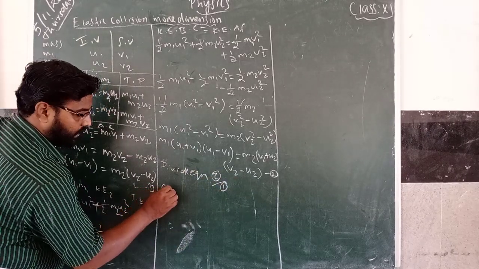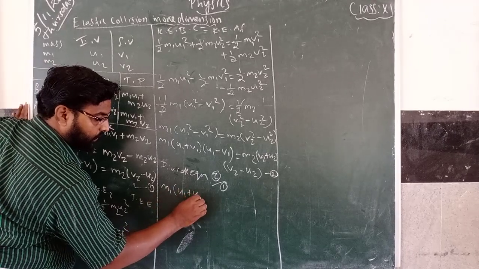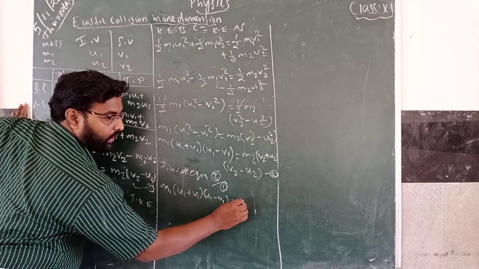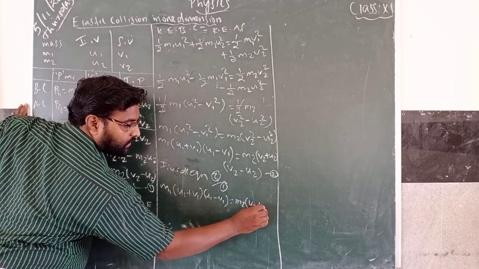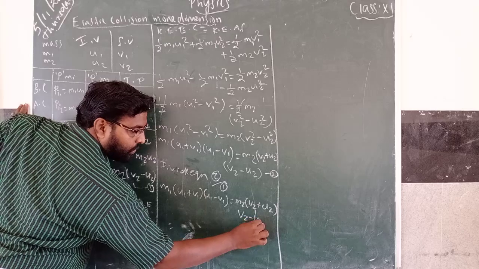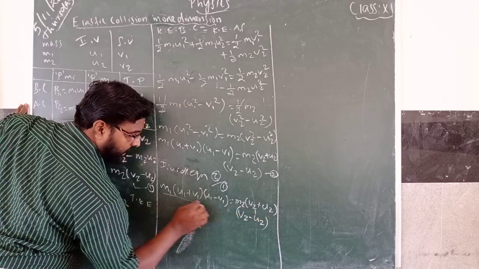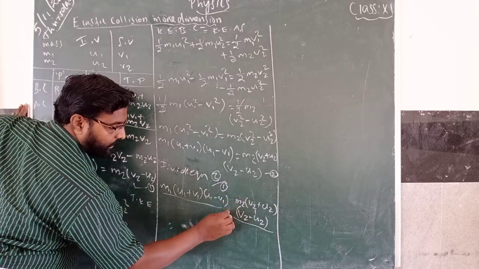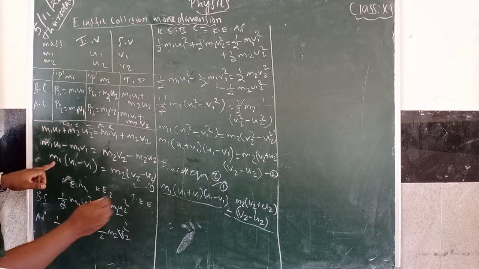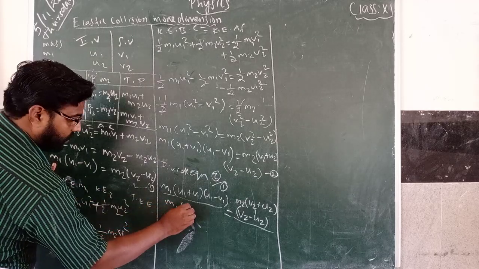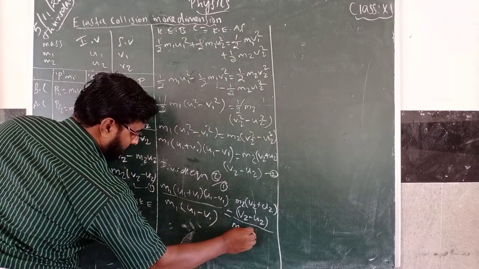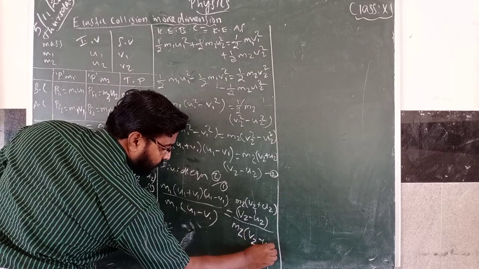What will we get? m1 into u1 plus v1, u1 minus v1 equal to m2 into v2 plus u2, v2 minus u2, divided by equation 1, m1 into u1 minus v1 equal to m2 into v2 minus u2.